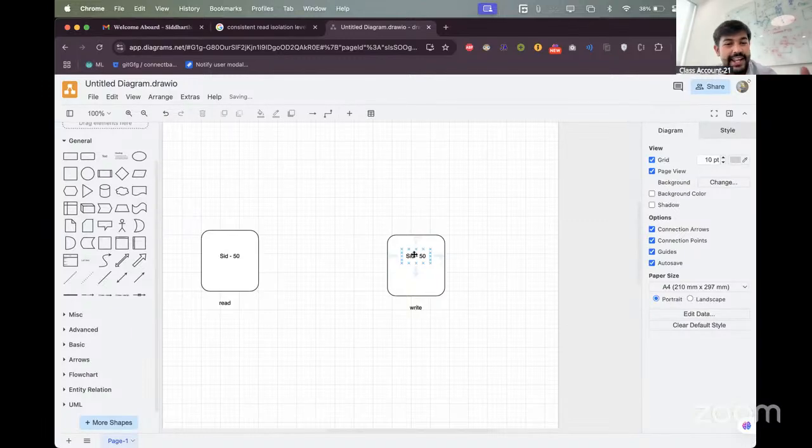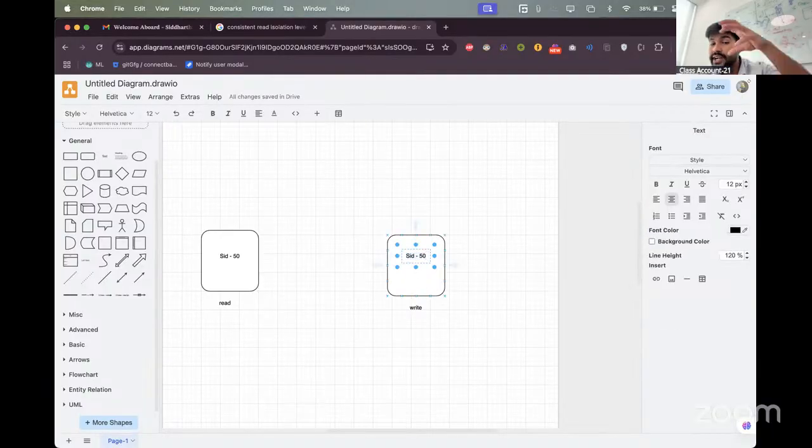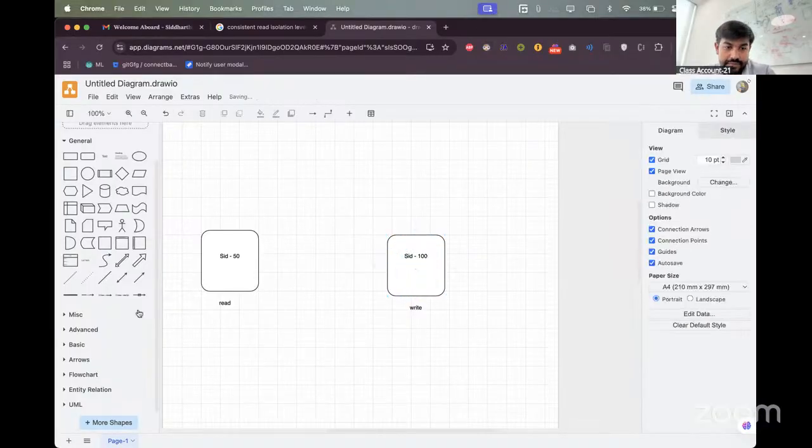If there are two copies, we need to update data two times. So now let's say Siddharth has recharged his balance. I told you all the writes would come to this database. Siddharth has recharged his balance with 50 rupees more. Now it is 100. So what would happen is, if Siddharth is reading his balance, he sees 50 rupees. But in reality, Siddharth's data is 100.